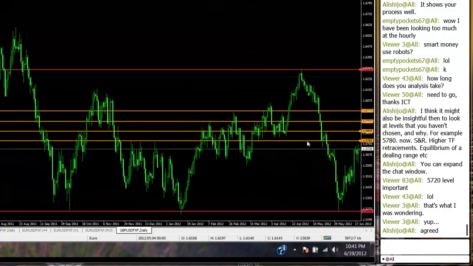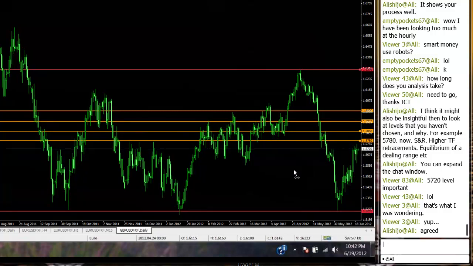157.80, obviously I like that one a lot. We have this low here. Look at how many times it bounced off of it here. All the highs in here. Look at the wicks and the bodies of the candles. The low here, the bodies of the candles, the low here.